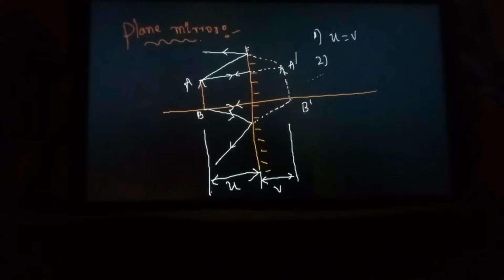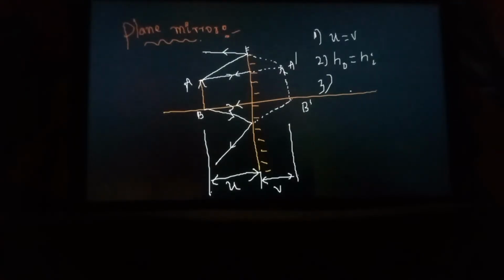Second one, the height of the object is equal to the height of the image. And third one, it also shows lateral inversion. What is lateral inversion?